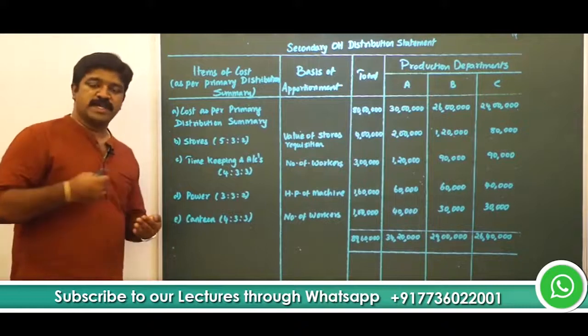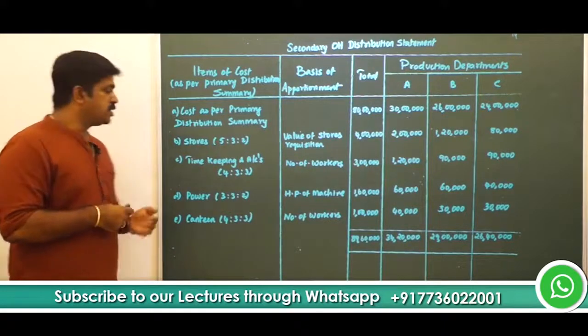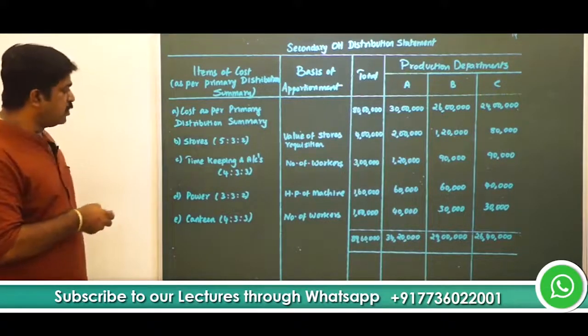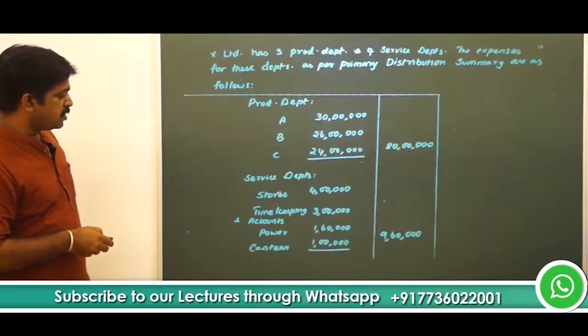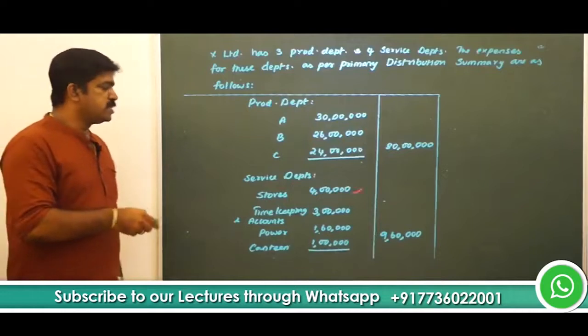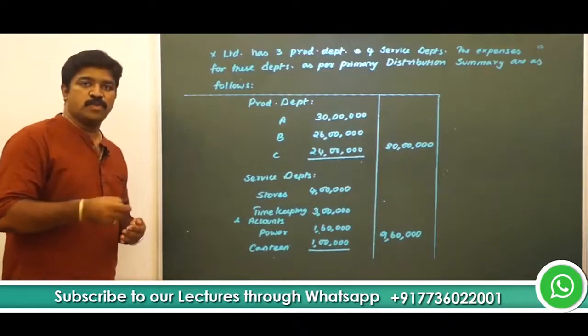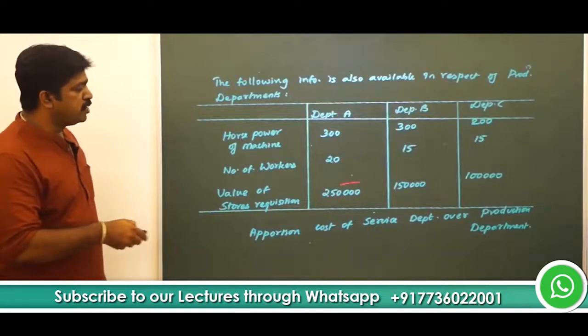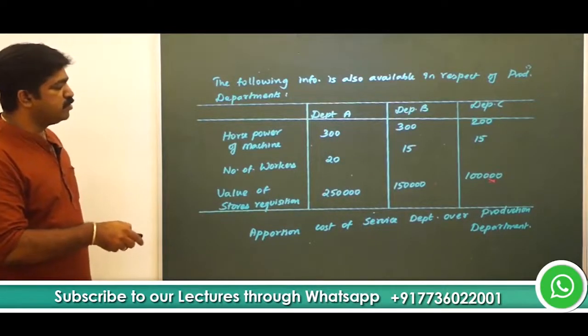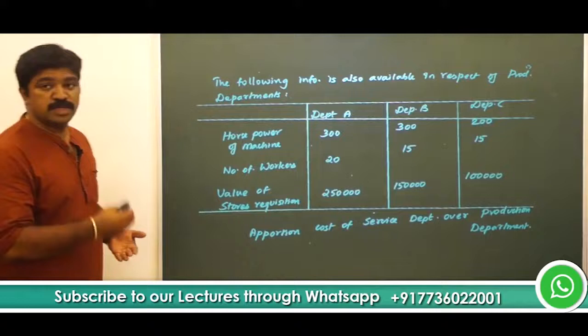Now let's take the respective service departments, but we will go item by item. To start with, we'll take the stores. These stores 4 lakh have to be apportioned over 3 departments on the basis of this ratio, that is 25:15:10 or 5:3:2.